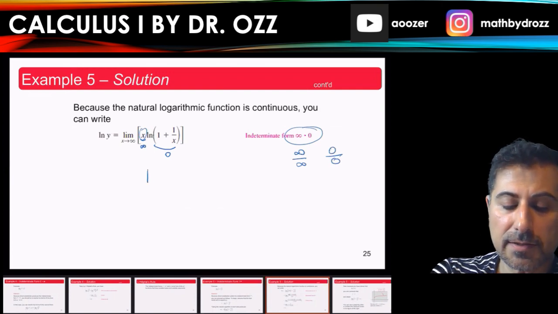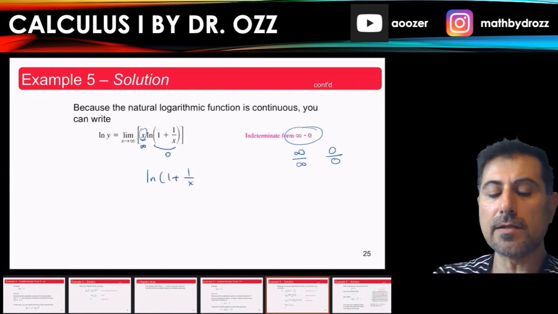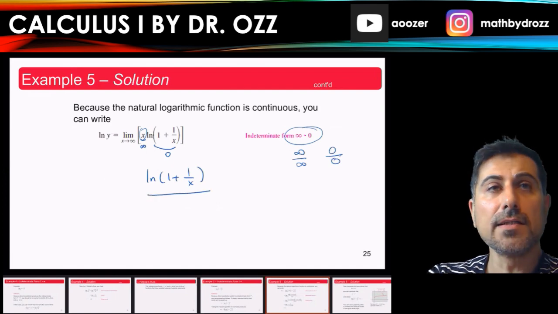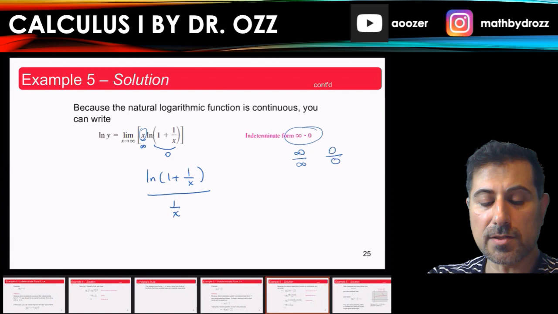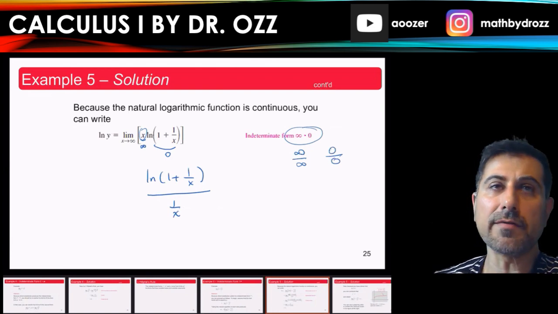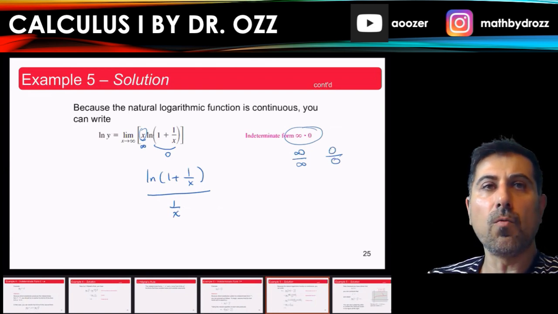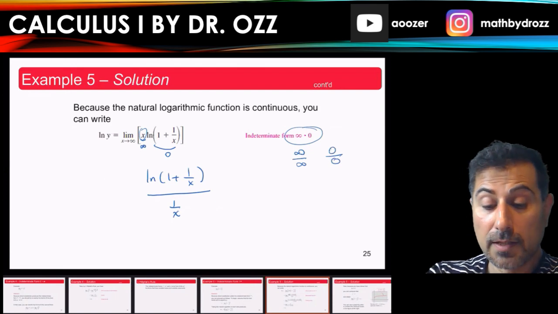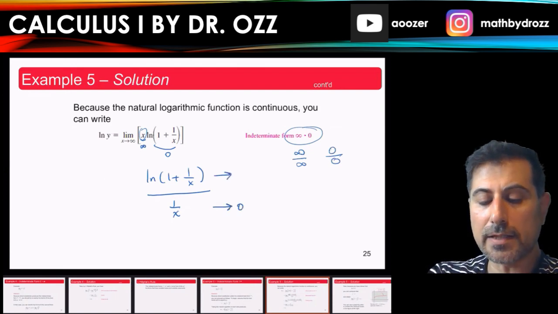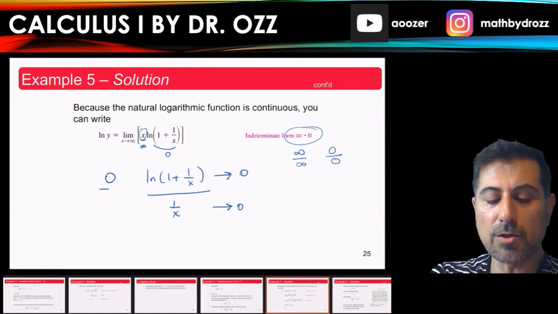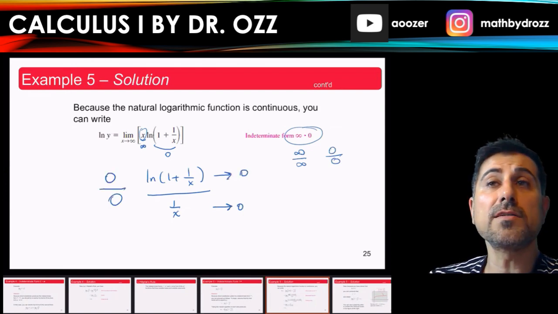So I can rewrite this expression as ln of 1 plus 1 over x divided by 1 over x. So I put the reciprocal of x down here so that when you flip it over, you still have x times ln of 1 plus 1 over x. But this time, as x approaches infinity, this term goes to 0 as well as this term. So now I have 0 over 0 type indeterminate form.